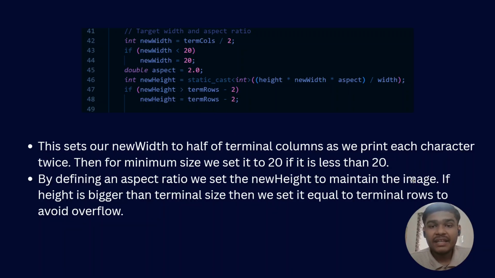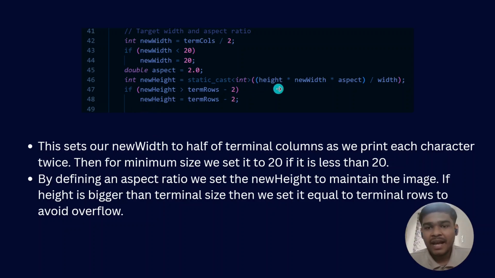We need to maintain the original aspect ratio of the image, and we also need to go ahead with the paradox of the height and width of the ASCII characters. So here we use a formula, it's a simple ratio and proportion.